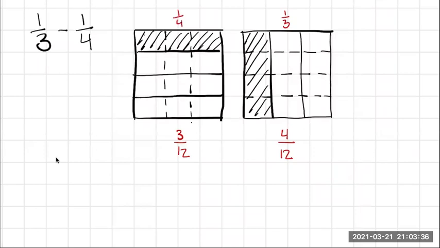So we're going to take 3 pieces from our third, and we are left with just 1 piece. So our subtraction problem is 4/12 minus 3/12, and that leaves us with 1/12.